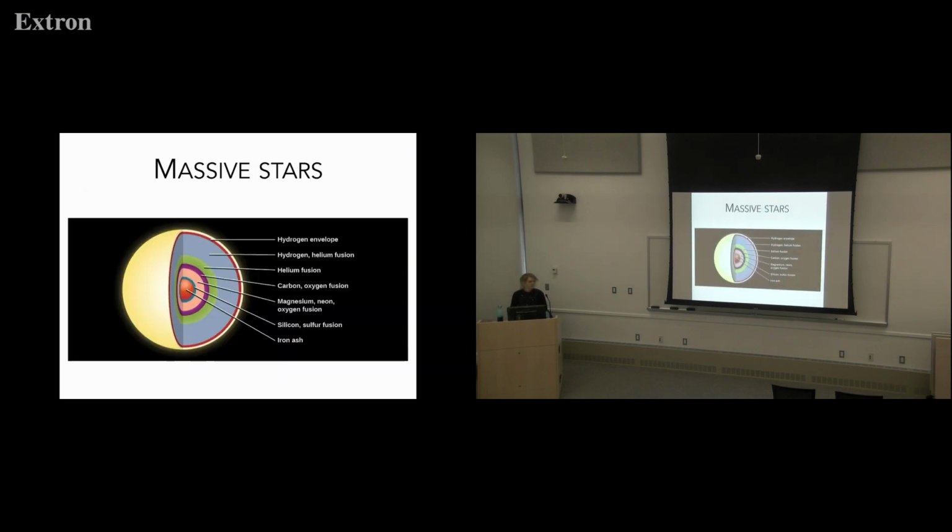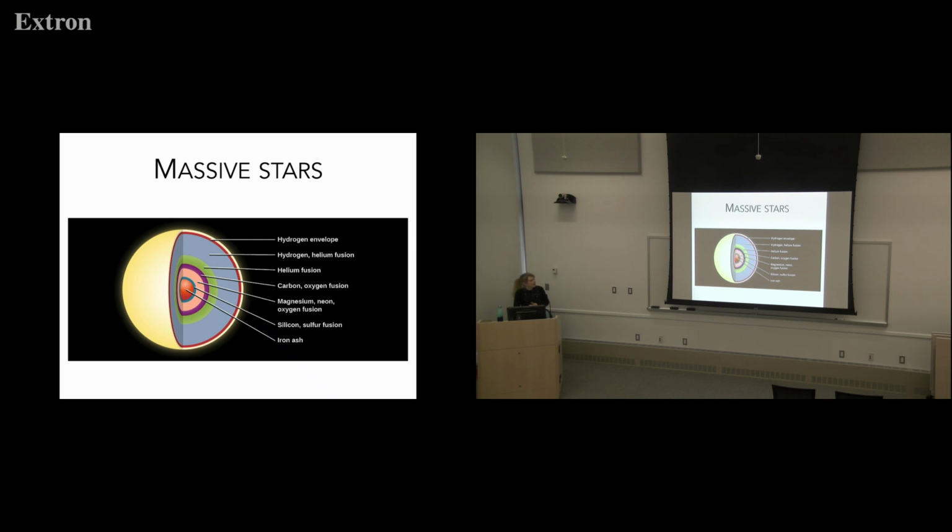Okay, so the first application that I'm going to talk about of these low Mach number methods is massive stars. A brief background for people who are maybe less familiar with massive stars: if you have a large star, which is maybe 10, 15, 18 solar masses, then when it gets to the end of its life, it develops lots of different layers of different compositions.